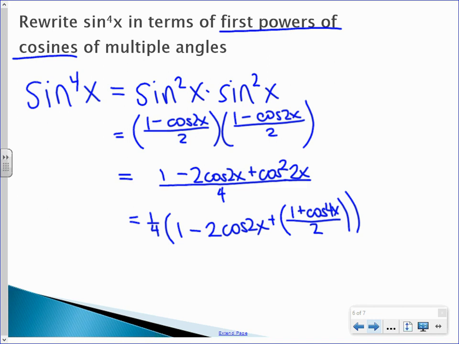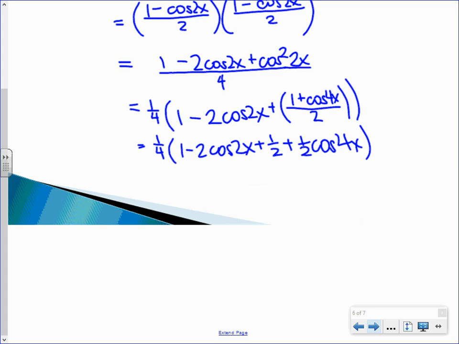So the first thing I'm going to do is, when we divide by 2 here, let's just split that up into 1/2 plus 1/2 cosine of 4x. Then I see that I can take 1 and 1/2 and combine them, right? Those are two numbers we can add together, so we can combine that to be 3/2.